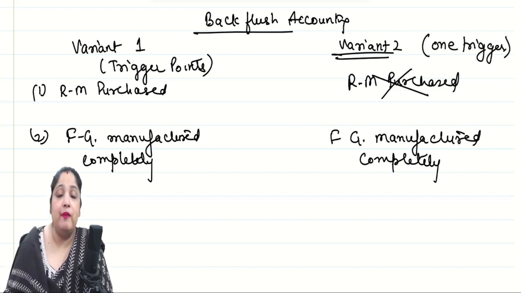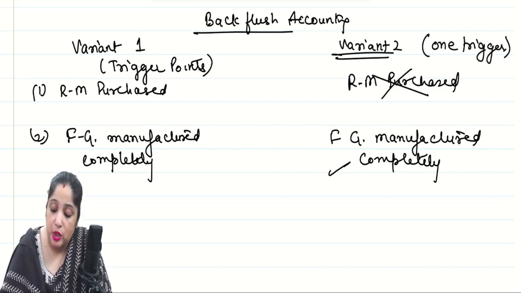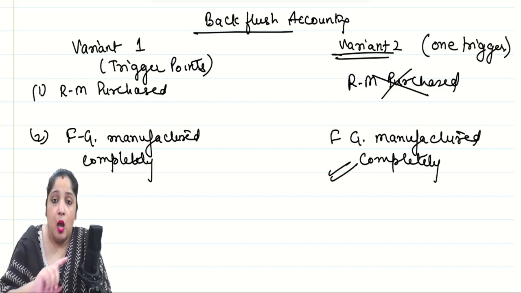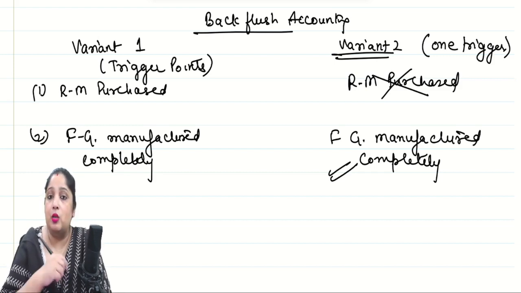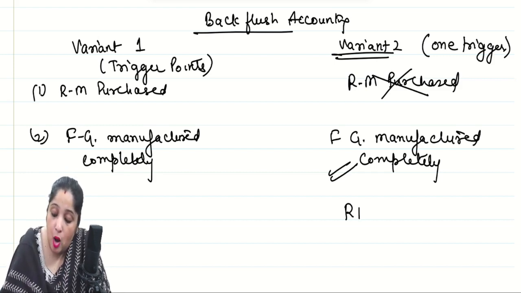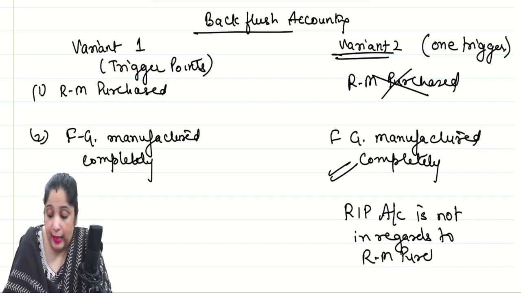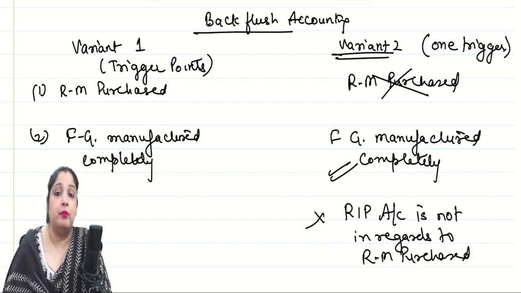So when will the entry be passed under variant 2? When you make finished goods completely, then pass entry. Raw material purchased, entry is not passed. Hence, raw material in progress account is not made in regards to raw material purchased. That entry is not made.